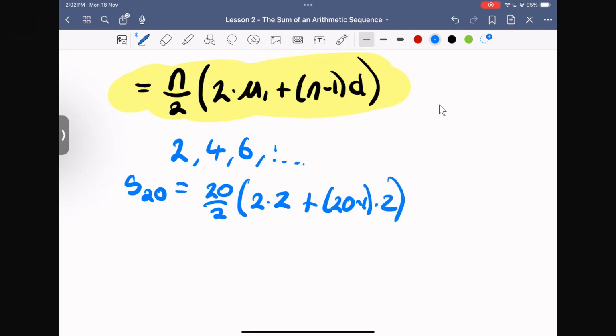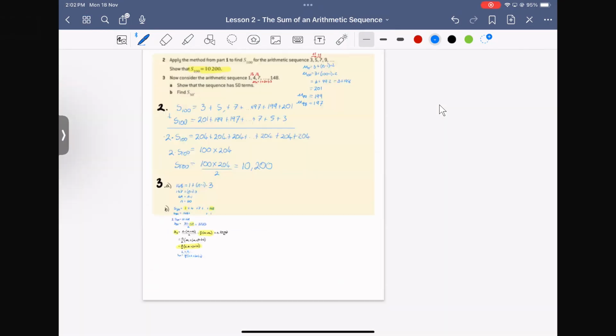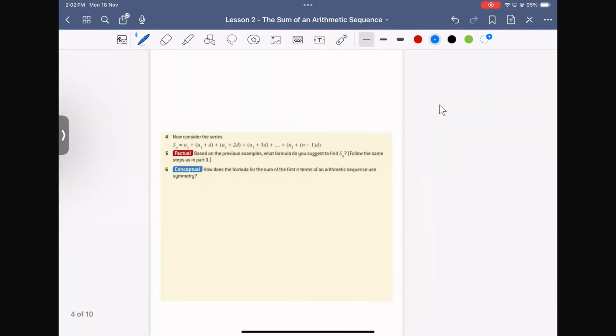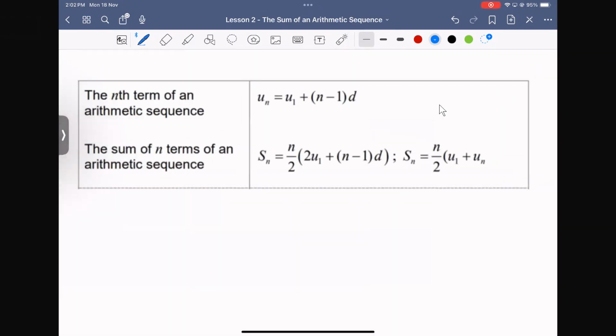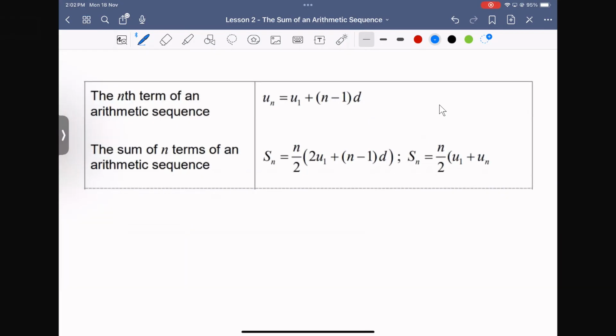That's a great sequence. All right, that's me basically running through this. Here are our two formulas. These are the formulas that we see for the arithmetic sequence in the formula sheet. So we have the one that we saw last week, which is the nth term in an arithmetic sequence. And then we have the two formulas for the sum.